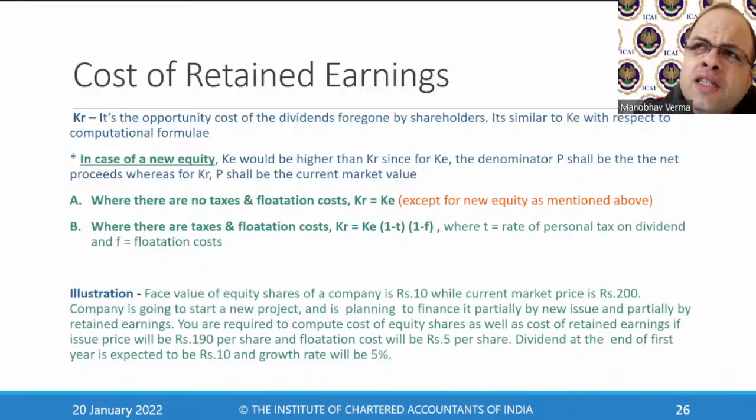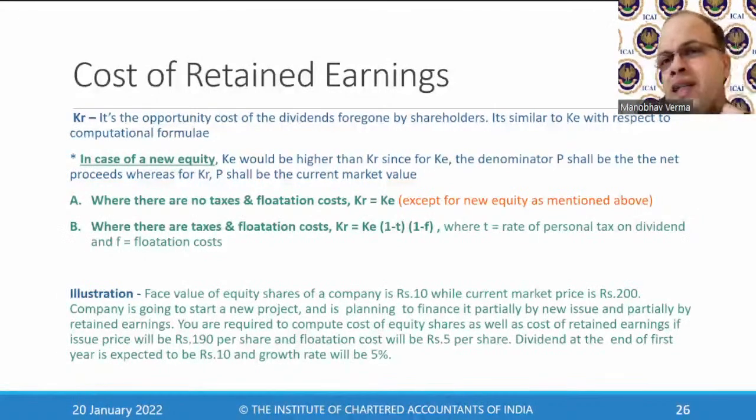Now, since retained earnings is anyways a part of equity itself, don't you think the cost of equity should be the cost of retained earnings also, or vice versa? Some of the amount is distributed as a dividend, some of the amount is reinvested. So retained earnings cost should be the cost of equity. Generally, yes.